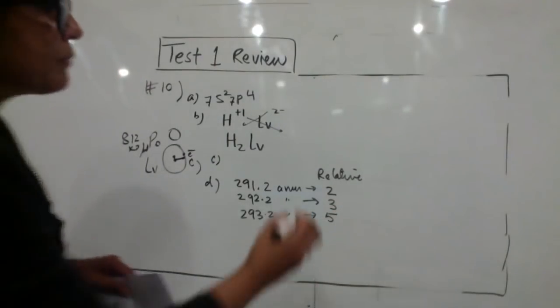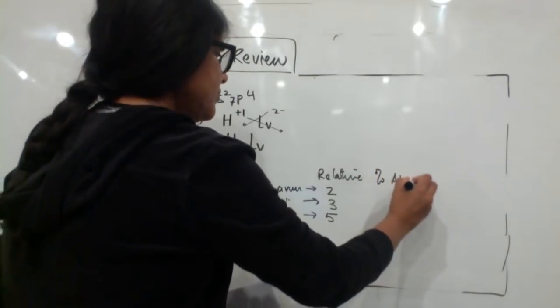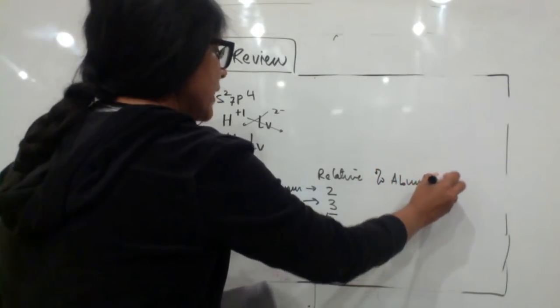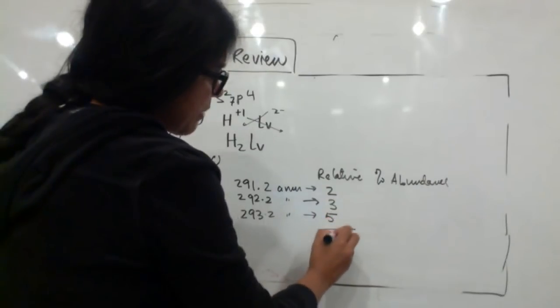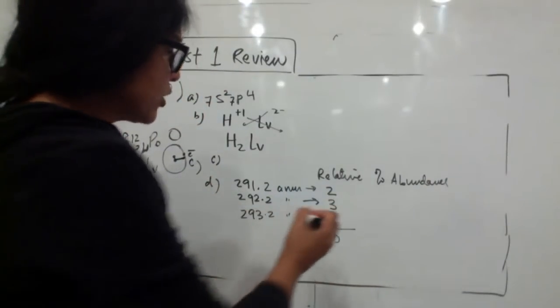So you convert them to percent abundances for atomic mass. If you add up all the relative abundances, they come out to be 10, right? So percent abundance will be out of 100.